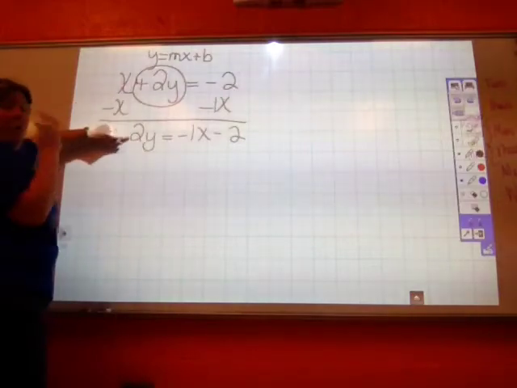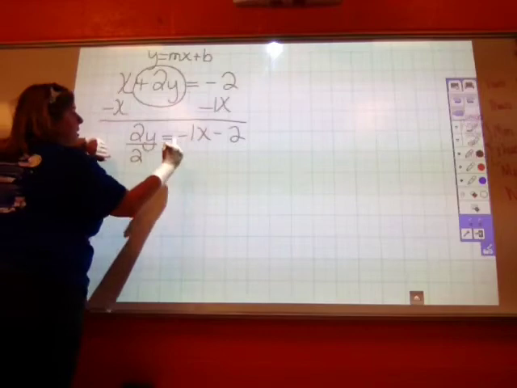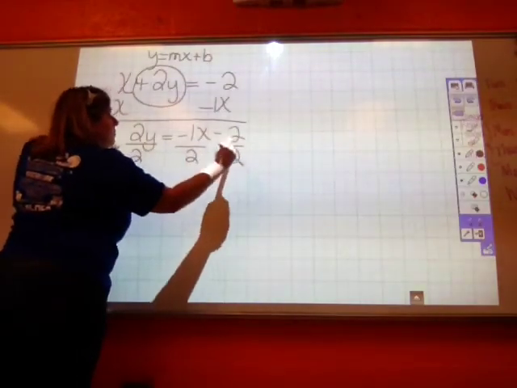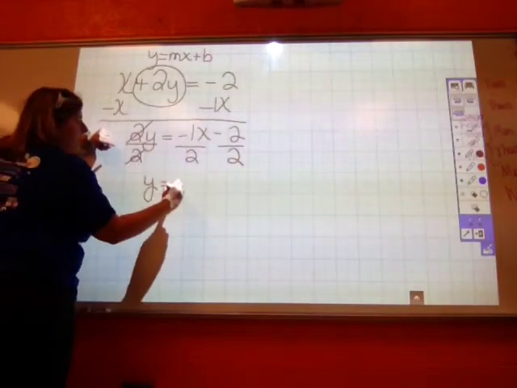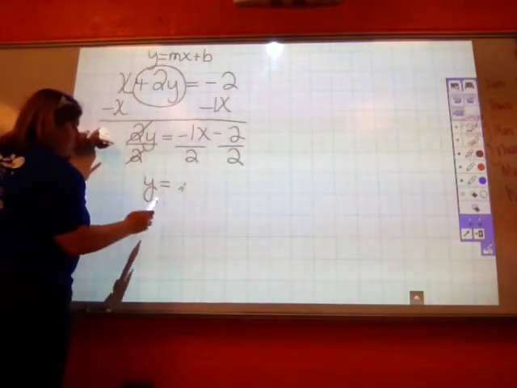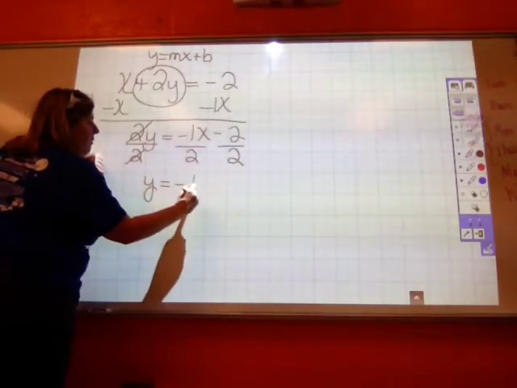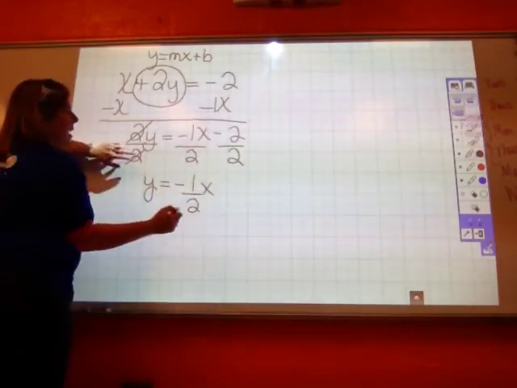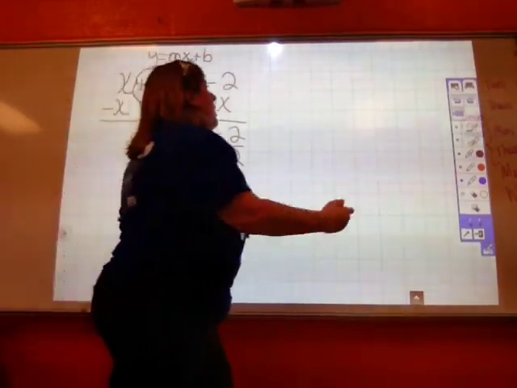Then because there's a coefficient in front of y, you would need to make sure that you divide every term by 2. So y is equal to a negative 1 over 2x, because that can't simplify, and then that simplifies to a negative 1.